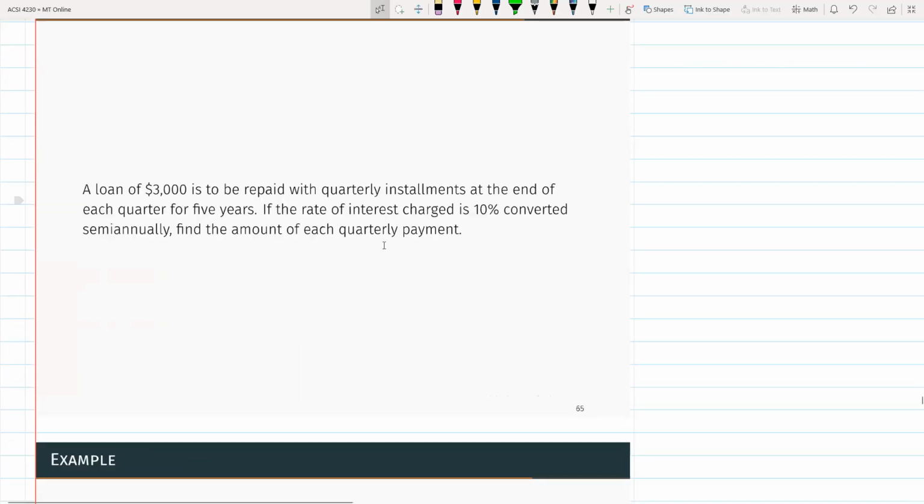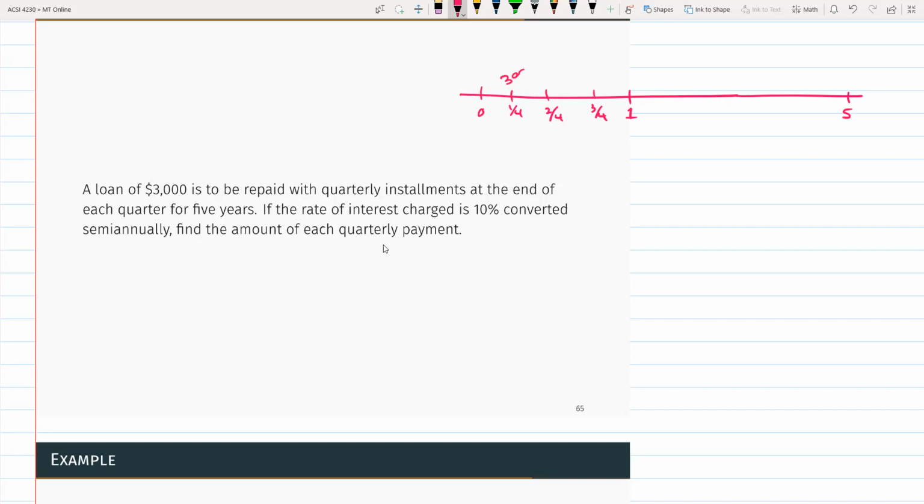So in this one, a loan of 3,000 is to be repaid with quarterly installments at the end of each quarter for 5 years. If the rate of interest charged is 10%, converted semi-annually, find the amount of each quarterly payment. So we have how many years? 5 years.